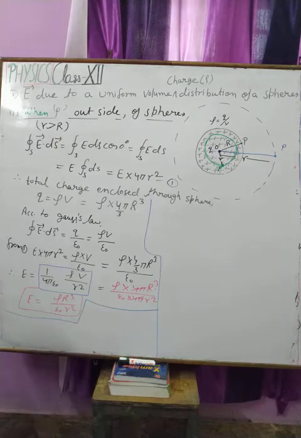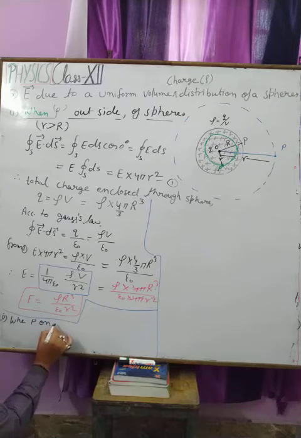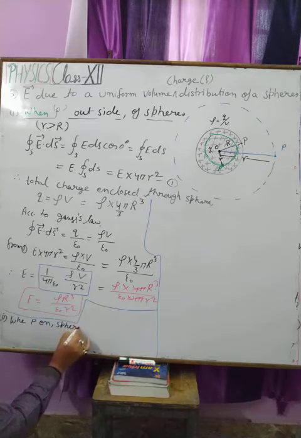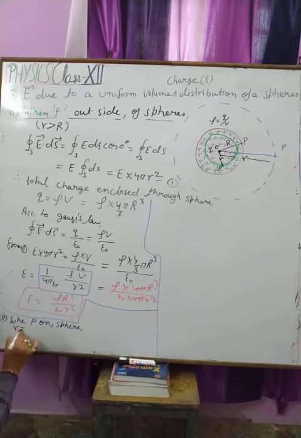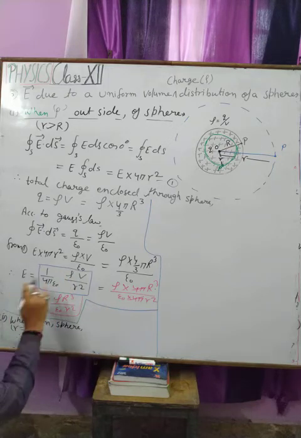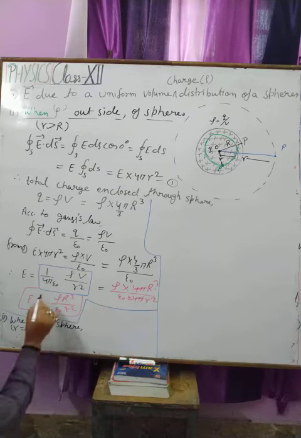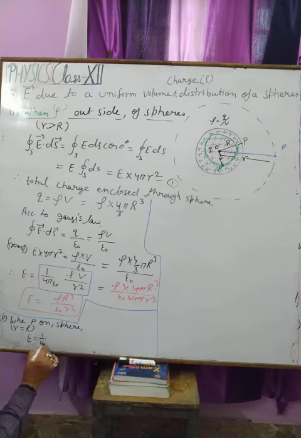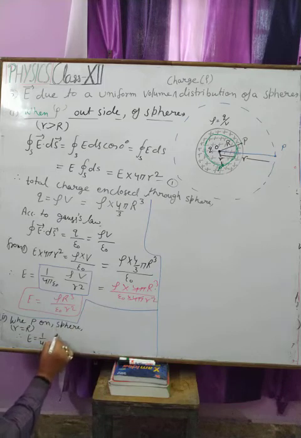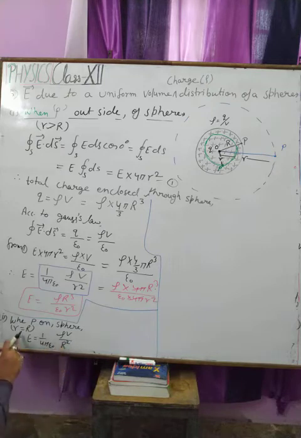So students, second point is when P is on the sphere, we are getting this r is equal to capital R. Therefore electric field we calculate the same, that is 1 upon 4 pi epsilon naught rho v upon, in place of small r we are using capital R, because the value of small r is equal to capital R.